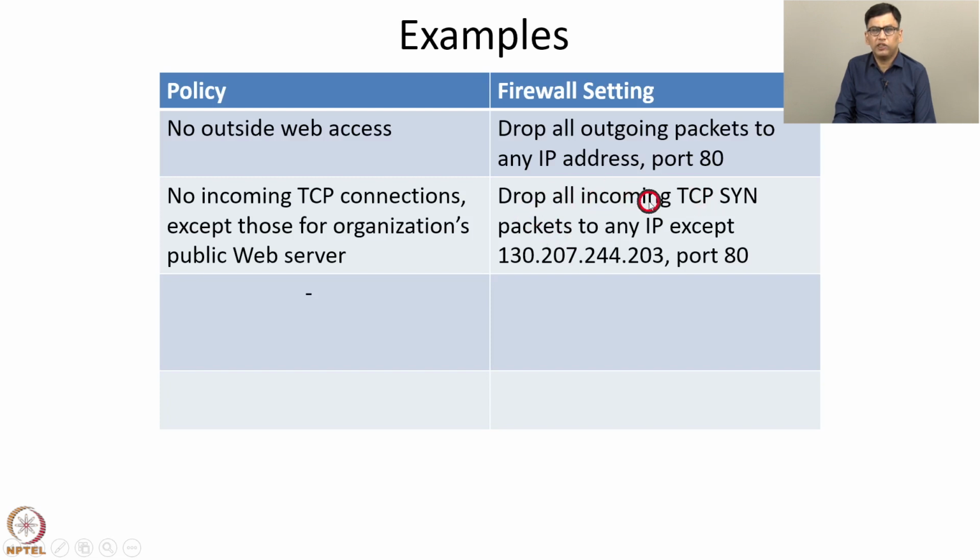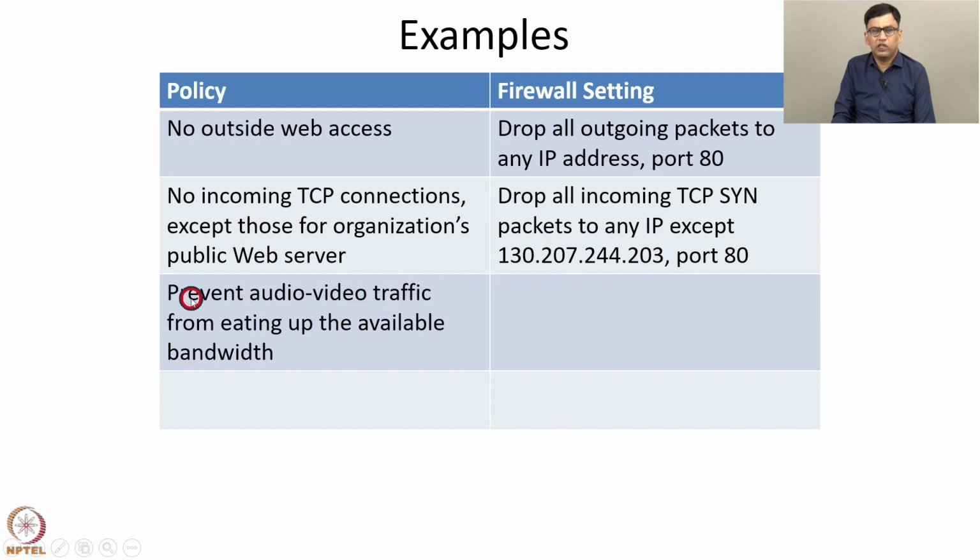But if all TCP SYN packets are dropped, except those going to this IP address and this port number, then all incoming TCP connections will be dropped except those for the organization's public web server. So thus this firewall setting enforces this rule.